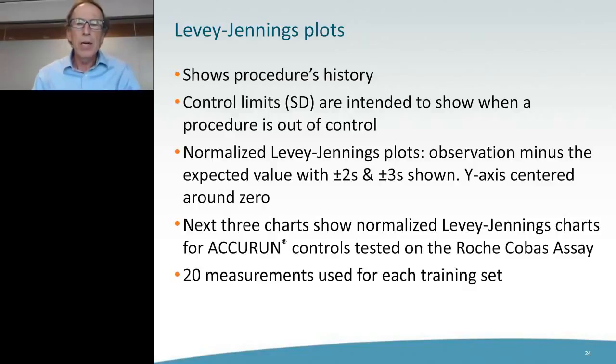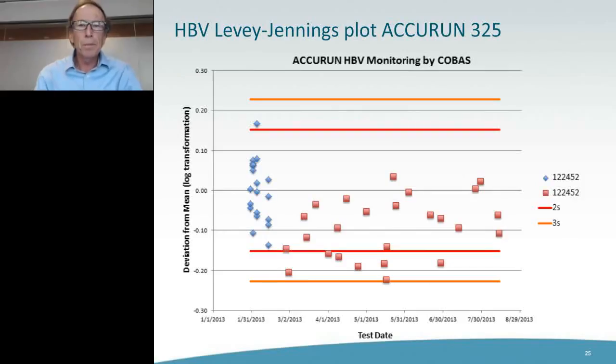And the next 3 charts are shown with data that were generated in our own laboratory, either here at the Milford site or at a Gaithersburg, Maryland site on the Roche Cobas system. And we've used the 20 measurements for a training set to get to the averages for each one of the controls. This chart is HBV, and it's the ACCURUN 325 run from January 2013 till almost early September.